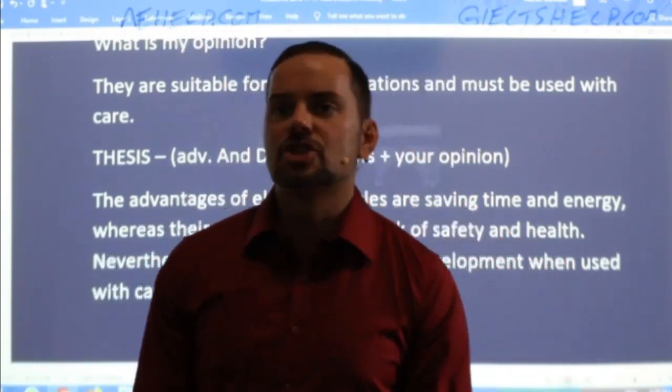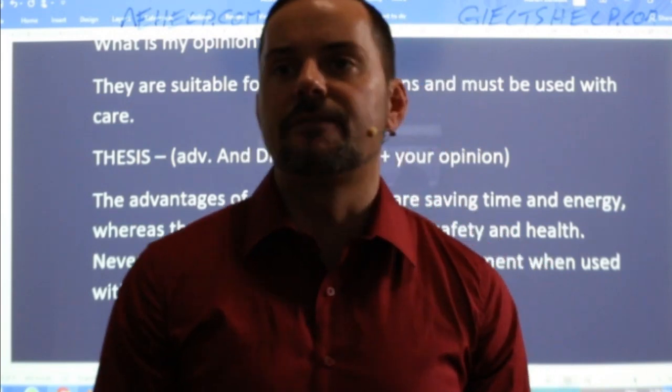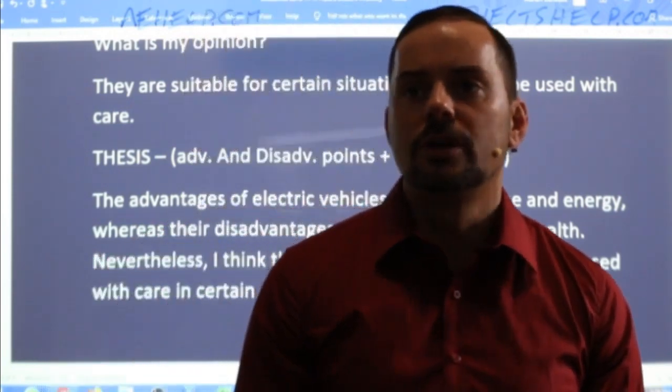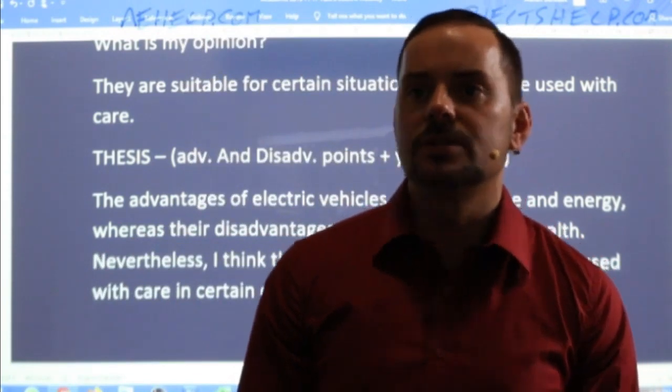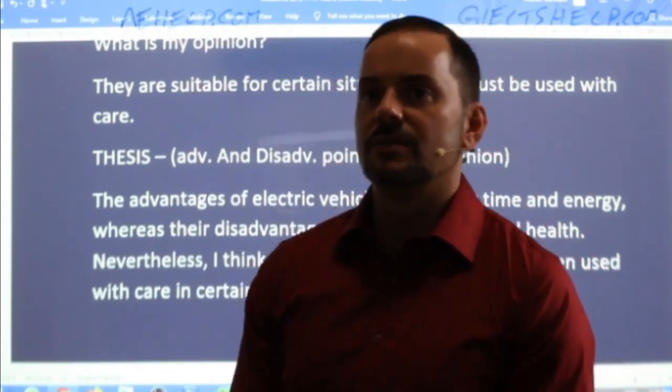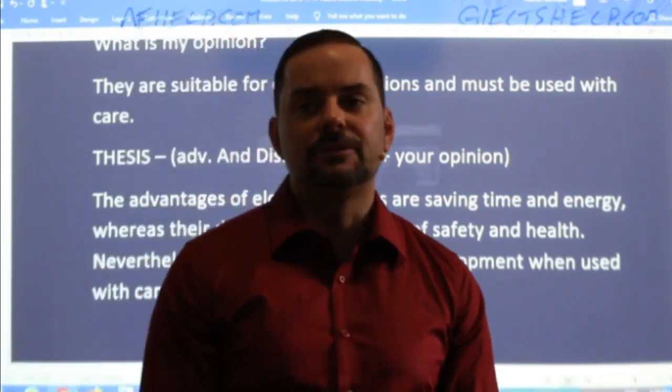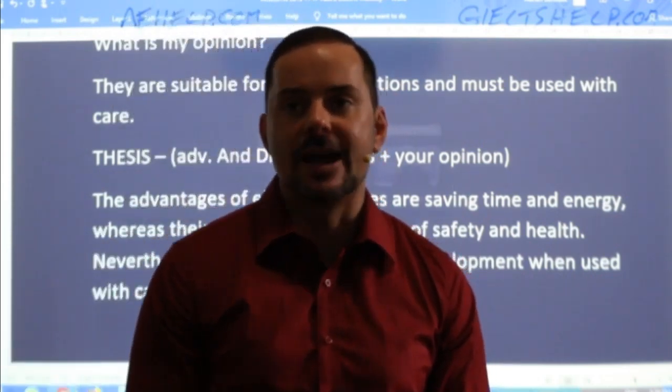Ahmed says, initially, it is necessary for our daily life, but if we cannot control these vehicles, it is dangerous in the future. Okay, Ahmed, rethink it. Remember, you have to write clearly, careful with your grammar.